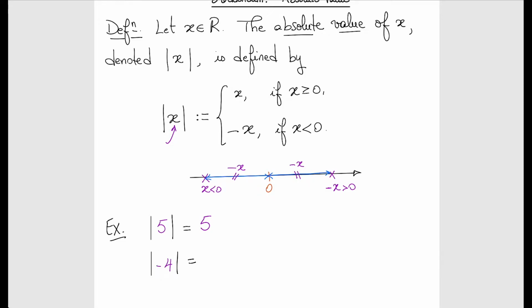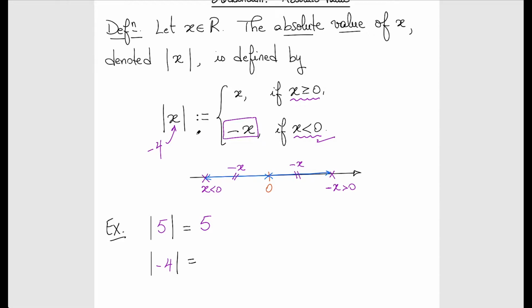Okay, so x is -4, we know that. And now the question is, is this condition or that condition that's going to be verified? Well, x being -4 means that this is the one that's going to be verified because -4, the x, is less than 0. Okay?